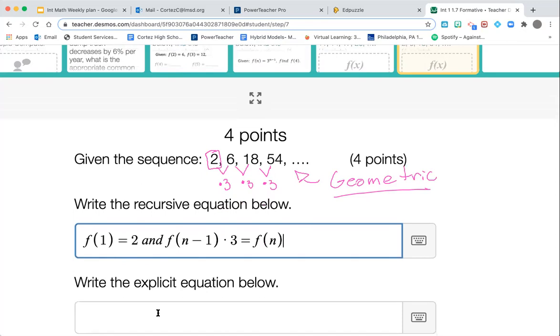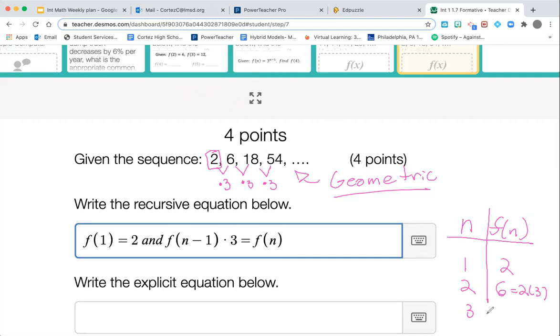For the explicit, I need that starting term, but I'm actually going to solve this one with a table. I think the table is helpful for the geometric situations. So I have n, I have f of n. I know that my first term is 2, second term is 6, which again was 2 times 3.